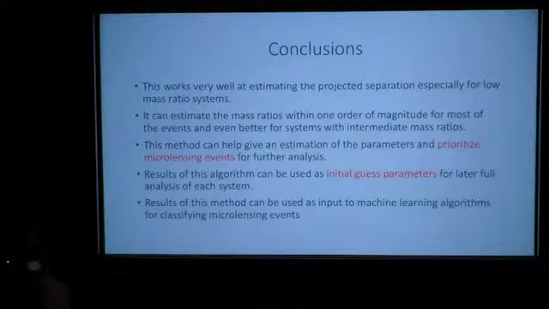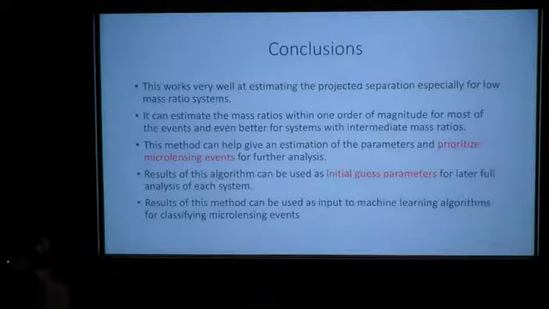Another quick question. Comment, okay? Your analytic expression, a very simple expression, works only for the case where the source trajectory passes through the planetary caustic. Yes. And among the events, nearly 70 to 80% of planetary events detected are caused by central caustic or resonant caustic.